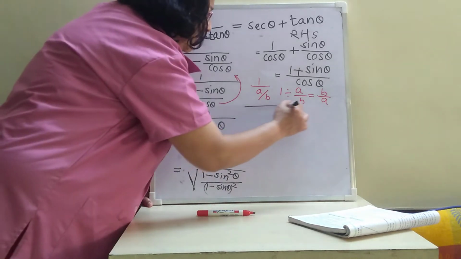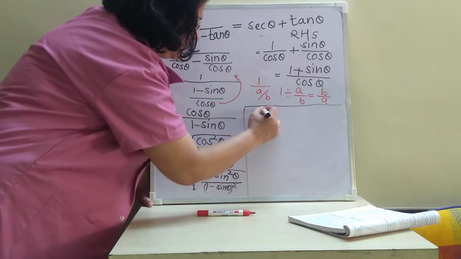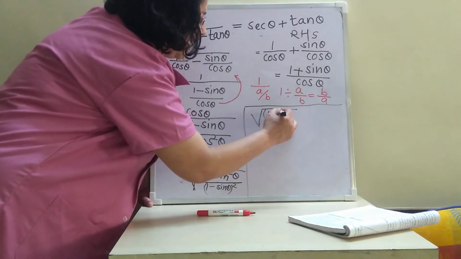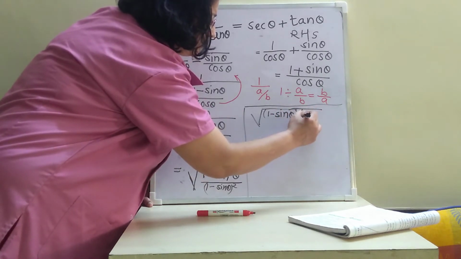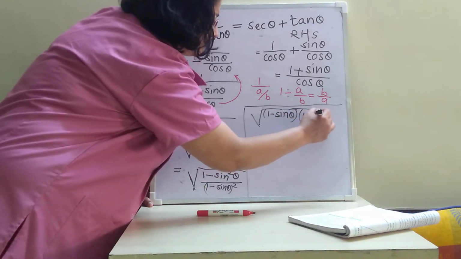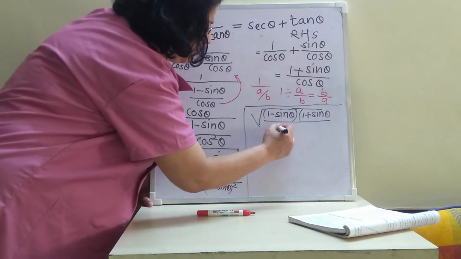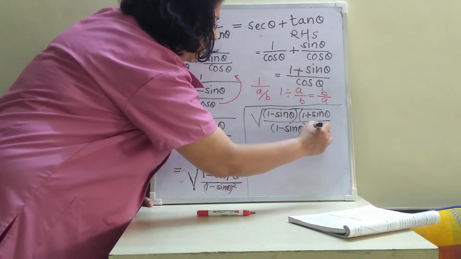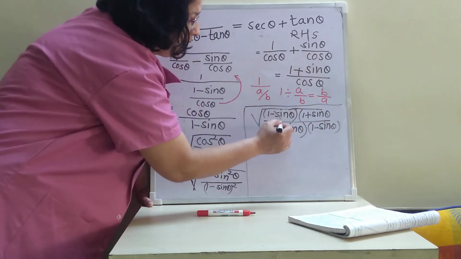I will start from here again. Now what is going to happen? This will be the bracket 1 minus sin theta and 1 plus sin theta. And down I am going to get 1 minus sin theta and again 1 minus sin theta. This will get cancelled.